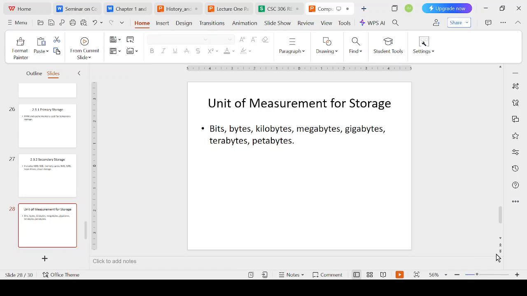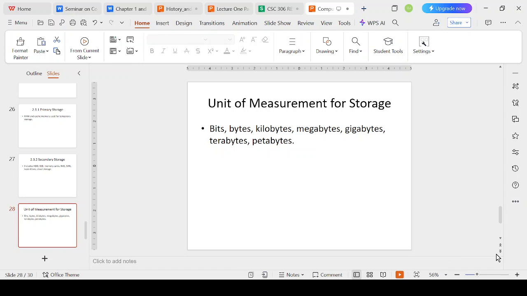The smallest unit of measurement is the bit. We are going to learn these different units of measurement in subsequent chapters, where we are going to deal with binary systems. We have the bits, the smallest. We have the bytes. 8 bits is equal to 1 byte.